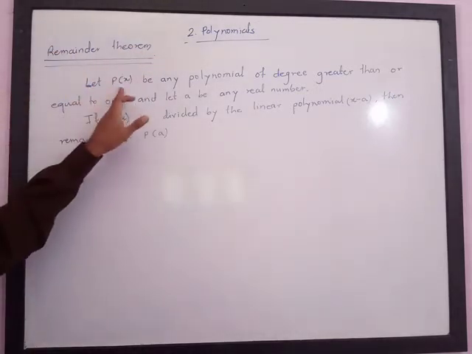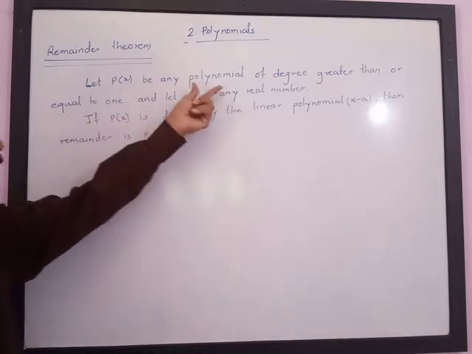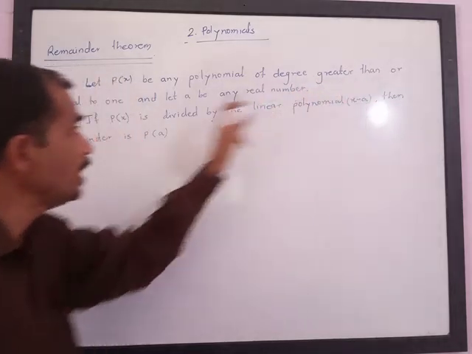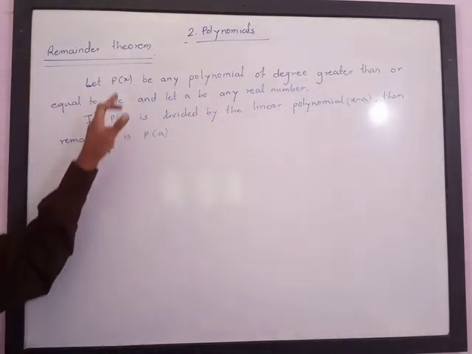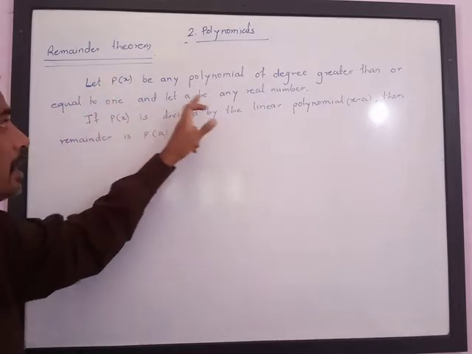Let p of x be any polynomial of degree greater than or equal to 1. So degree of the polynomial is 1 or greater than 1, and let a be any real number.